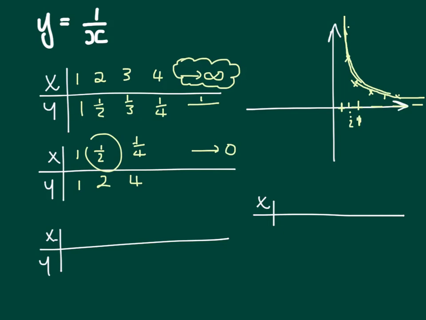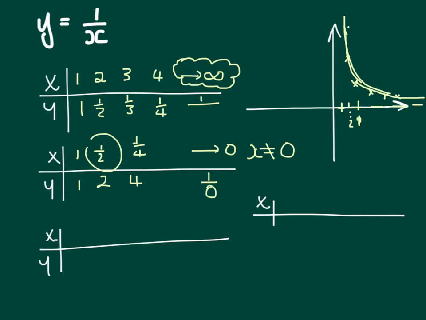Well, y will get larger and larger. But we know for definite that x cannot be 0. Because if x was 0, we would get the fraction 1 over 0 as our y value, which of course we know can't exist, and you can try it in your calculator, it will have a strop on you.